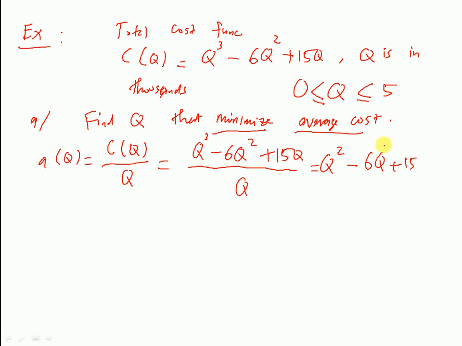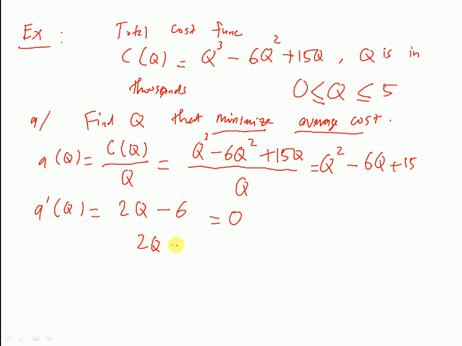In order to find the Q that minimizes this A of Q, we first find A prime, using the power rule, which gives 2Q minus 6. Then we set A prime equal to 0 to find the critical number.